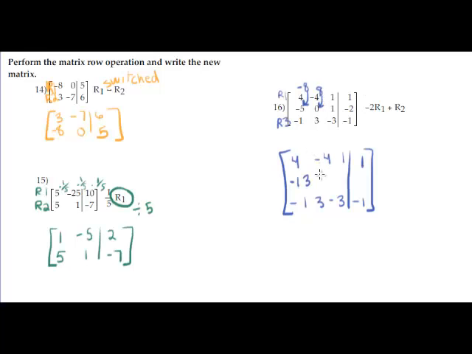Add it to 0, and I get +8. 1 times -2 is -2, plus 1 is -1, and then 1 times -2 is -2, plus -2 is -4. So that's it.